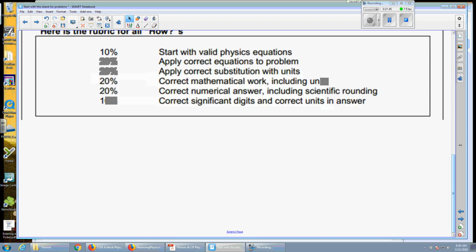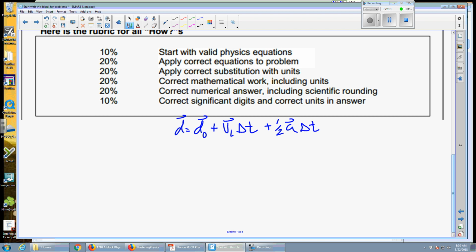All right, so I'm going back to our grand equation. And I know because it's in free fall that the acceleration is negative 9.81.